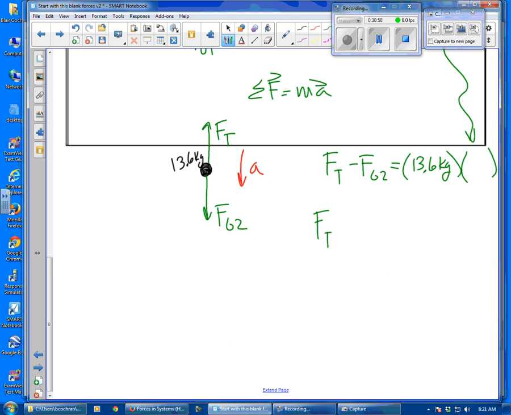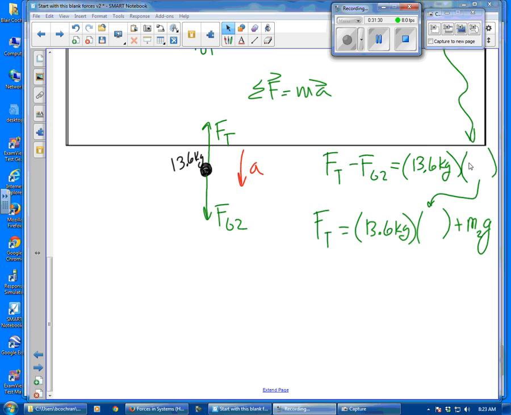I end up with FT equals 13.6 kilograms times A plus M2G. And solve for that. Very similar to number 9, except you don't have that incline, so you didn't have to break up the weight of the object on the plane.